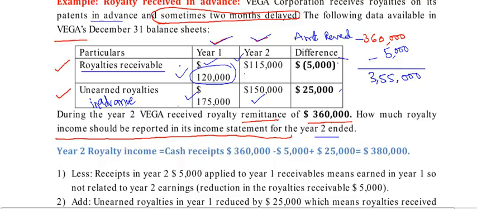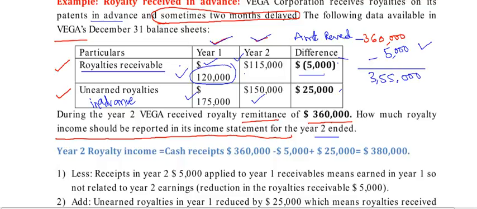Here I should write positive, but I wrote negative because that should not be related to our company. That is the reason. Here 175 minus 150.